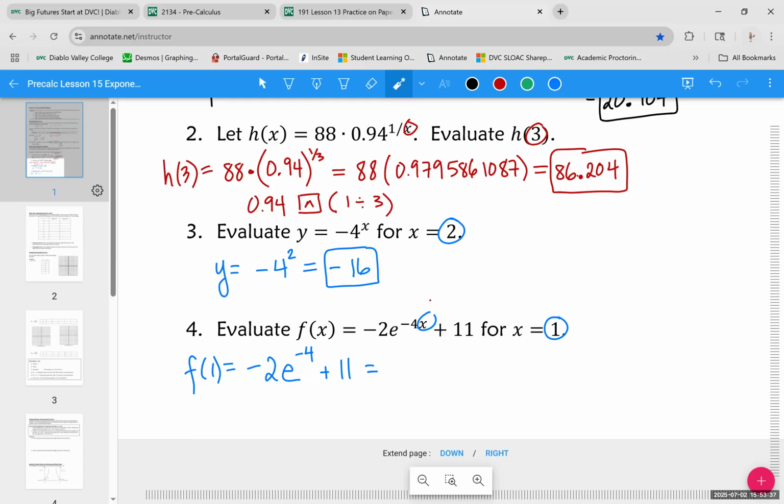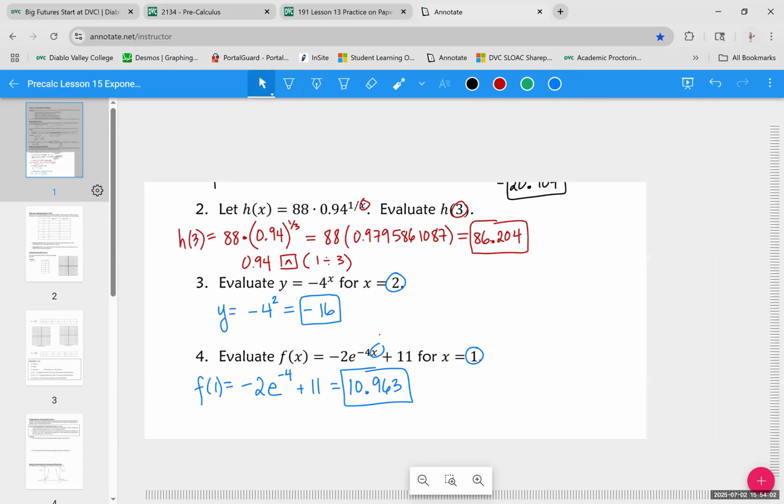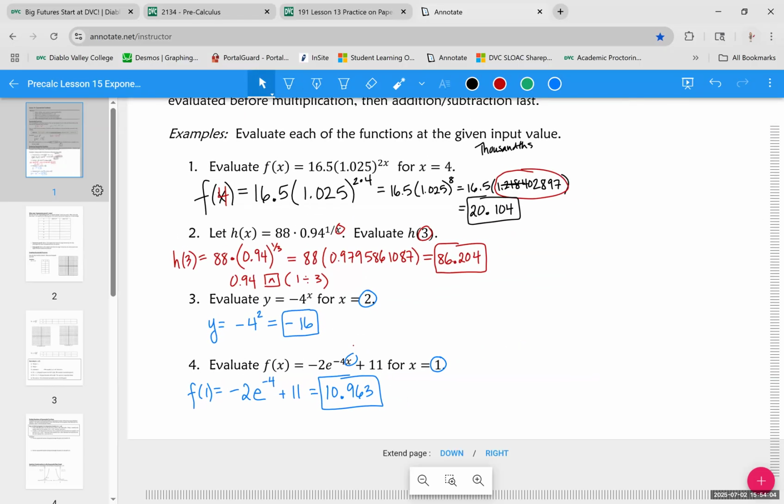So I did all those calculations kind of in one step in my calculator, and I ended up with 10.9633. So that would round to 10.963. Right. So evaluating exponential functions is not difficult, but it does take a little attention to detail.